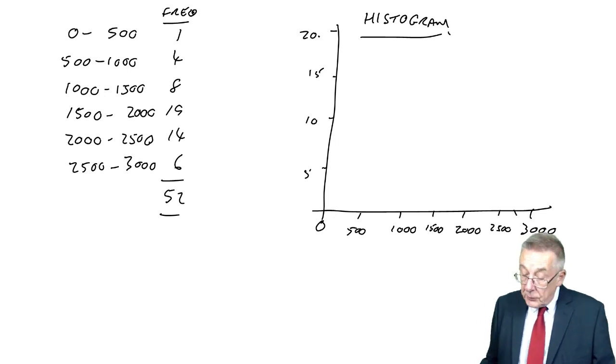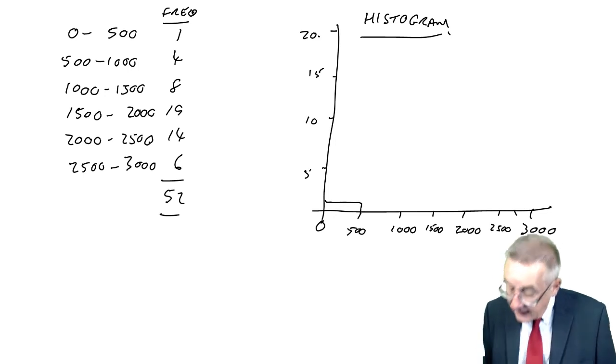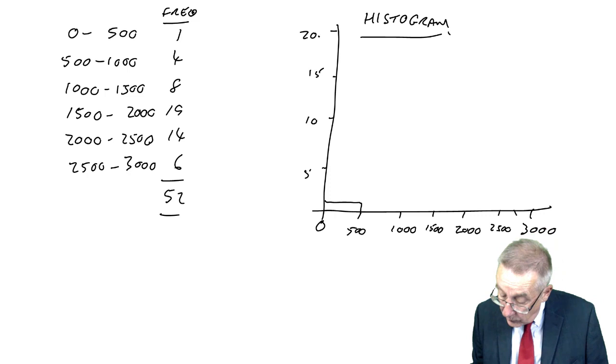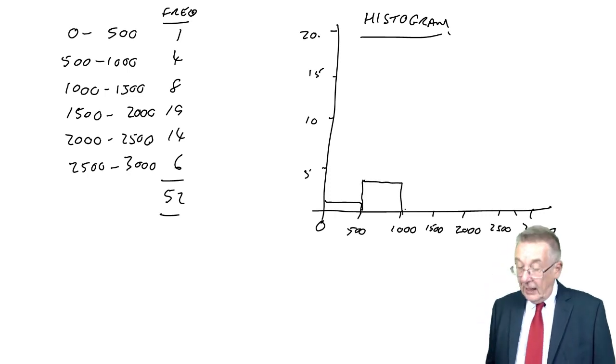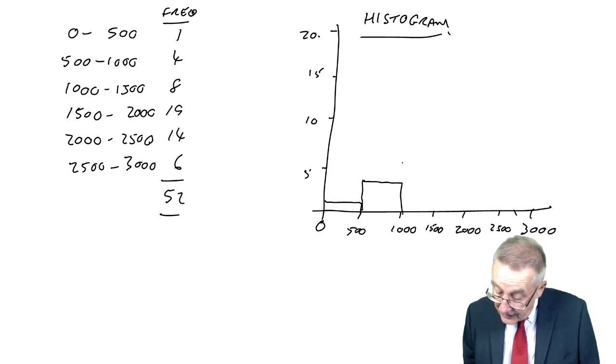0 to 500 occurred once. So 0 to 500, we draw a bar 1 unit high. 500 to 1,000 occurred 4 times. So 500 to 1,000, a bar 4 units high. 1,000 to 1,500, 8 times.